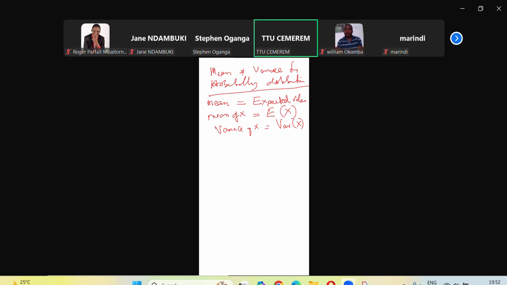So each and every probability distribution, once you know the probability distribution, we can get the mean and variance of the random variable X for that probability. If you are dealing with Bernoulli with probability P, so if X follows Bernoulli probability P, we know that the probability of X is given by P raised to X, 1 minus P raised to 1 minus X, right?